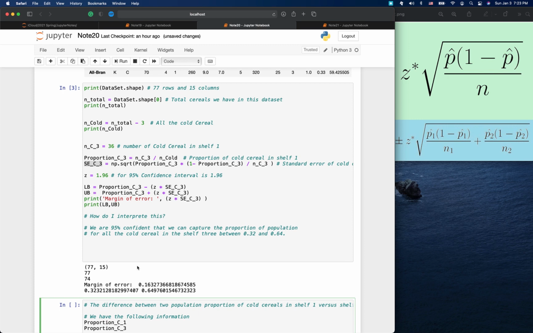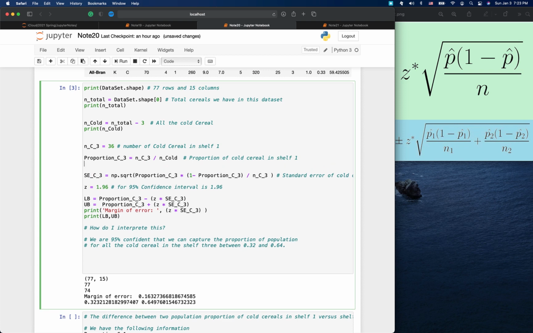But let's see. I never printed out the proportion of cereal in shelf 3. Let's print this.